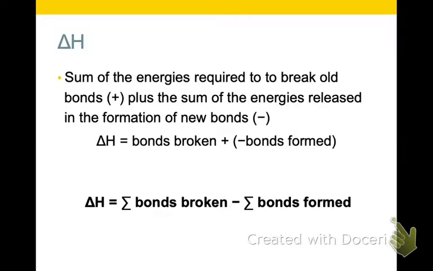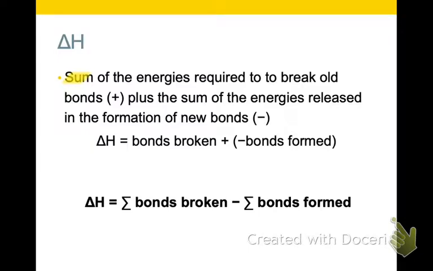So this brings me to how we use these values to solve for the enthalpy of reaction, or delta H of reaction. I want to highlight some things here. We're talking about a sum of energies required to break old bonds, added to the energies released when we form new bonds.